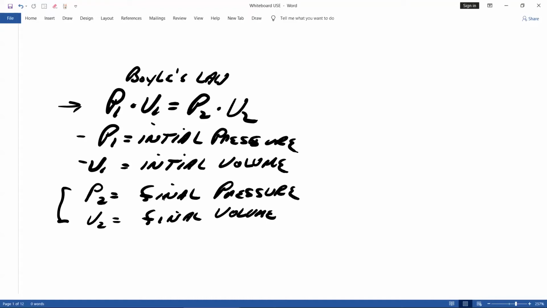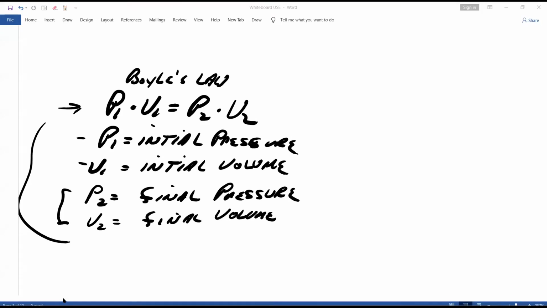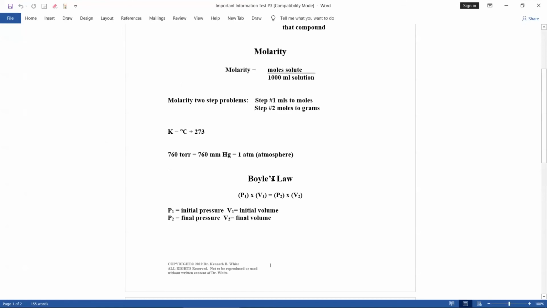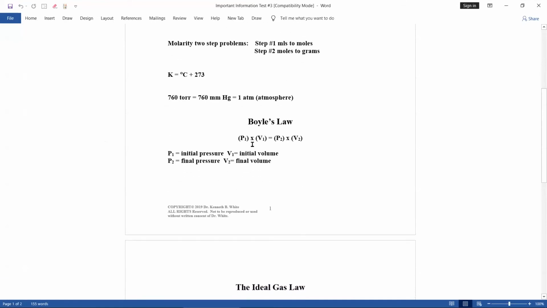Again, all of this you'll be given in, hold on, I'm going to do something quick. All right, everybody see now Boyle's law, P1 times V1, P2 times V2.